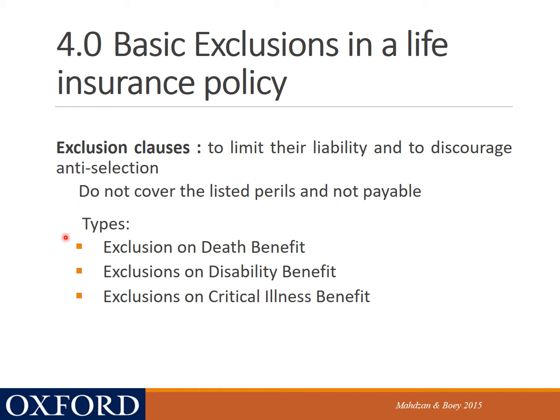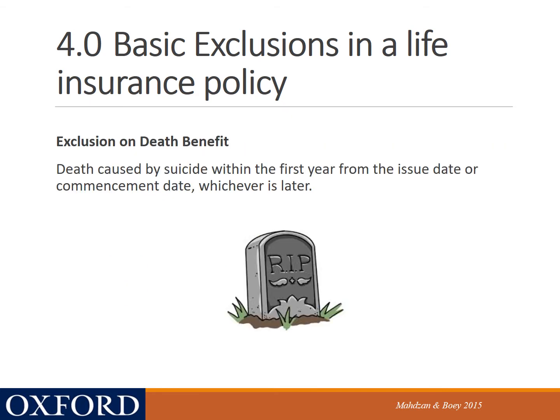So we will look at the exclusions on death benefit, disability benefit, and critical illness benefit. The exclusion on death benefit, this one not that many actually. If you look at an insurance contract, maybe there might be more, but I would just like to highlight one, which is death caused by suicide within the first year from the issue date or commencement date, whichever is later.